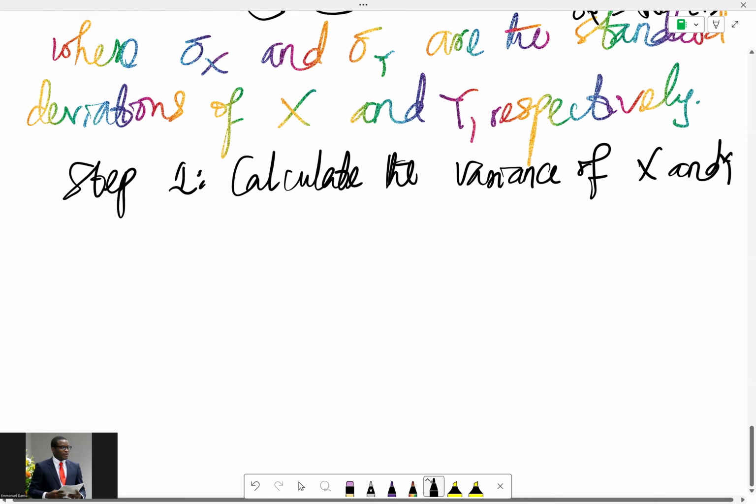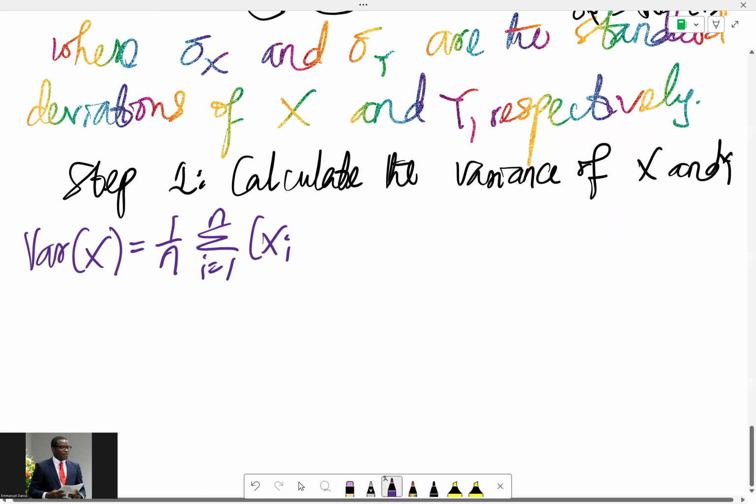So let's start with the variance of x. Generally speaking, the variance is 1/n, summation from i equals 1 to n of xi minus x bar all squared. That's the variance of x, the average of the squared deviations from the mean.